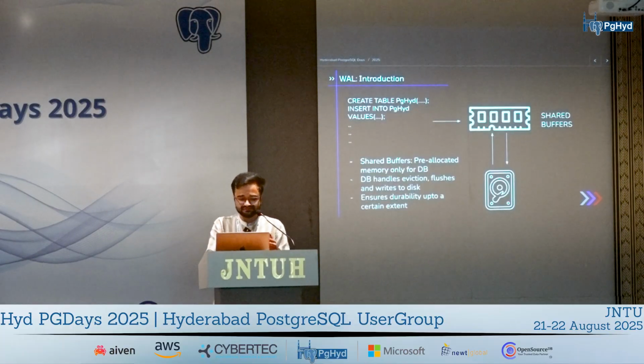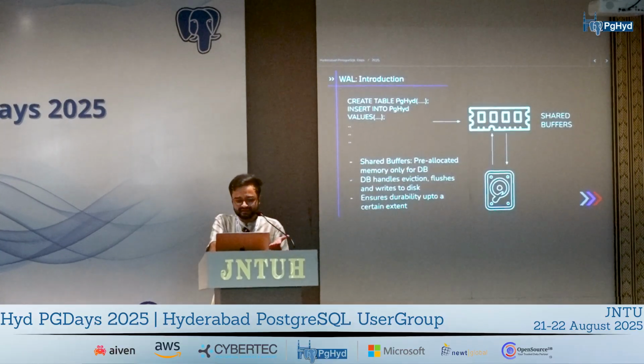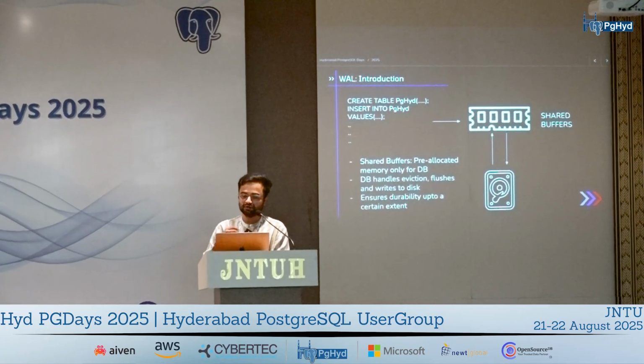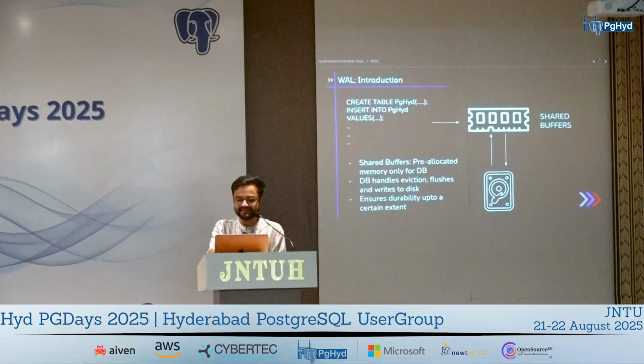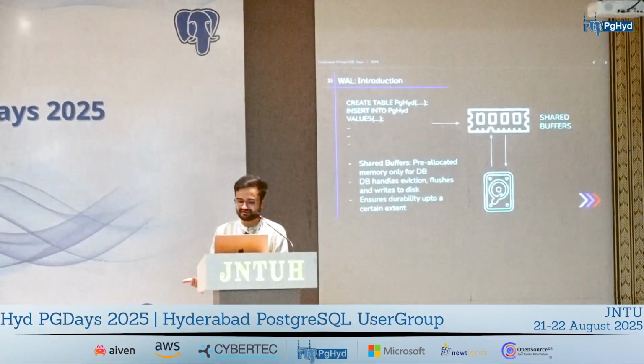So whenever you execute a query, the query planner will generate a plan, and when the execution stage comes in, the respective pages would be fetched into the shared buffers, and there you will actually make all the changes and then flush all of those pages back to the disk.